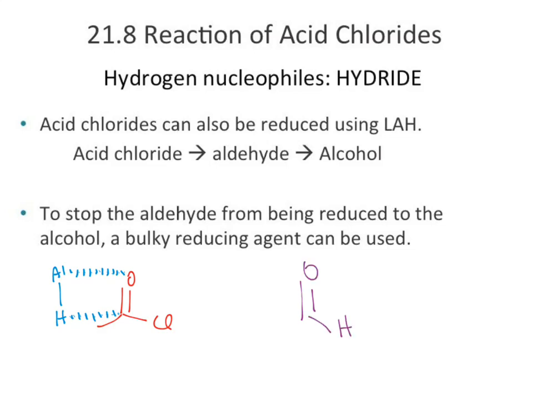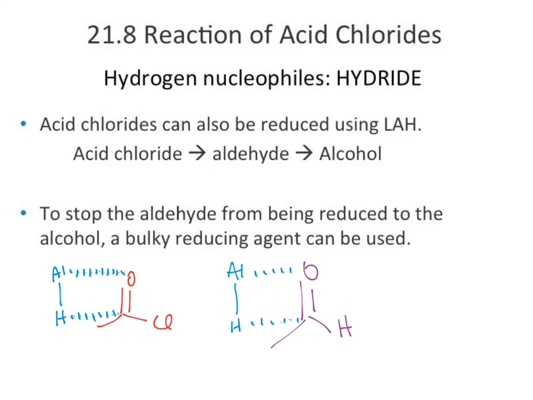The aldehyde is still reactive, but it's nowhere near as bad because we don't have that leaving group. So what can end up happening in this case? Well, we still want the aluminum to coordinate with that oxygen, and we still want our hydride to coordinate with our carbonyl. And in the case of lithium aluminum hydride, that works.